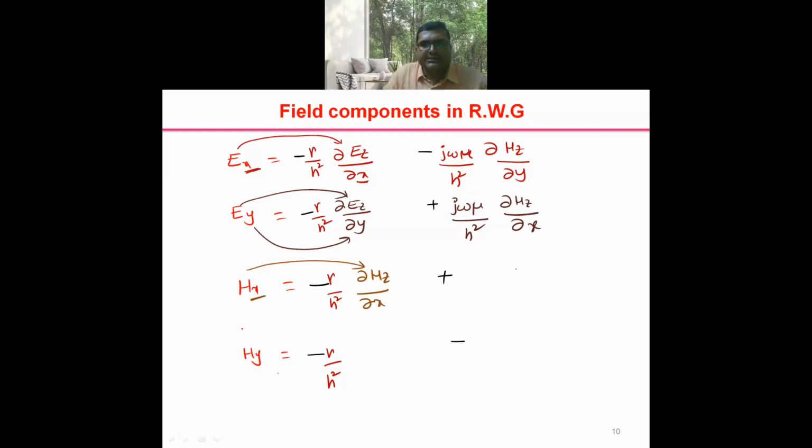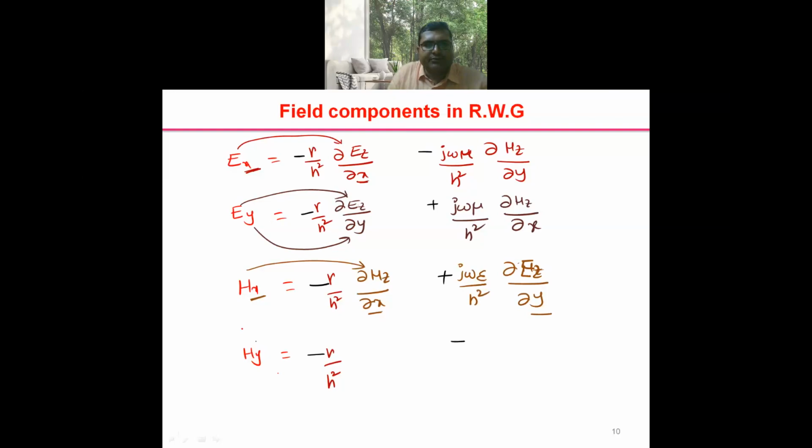The remaining terms: dou Ez by dou y. Sorry, it is Hz over dou x, Ez over dou y. For the electric field, j omega epsilon by h square.